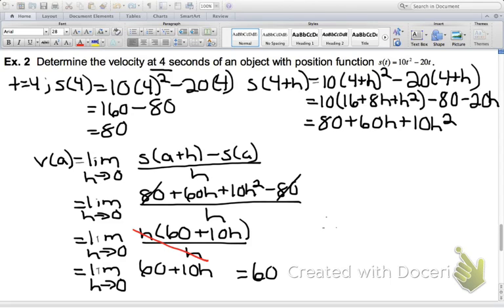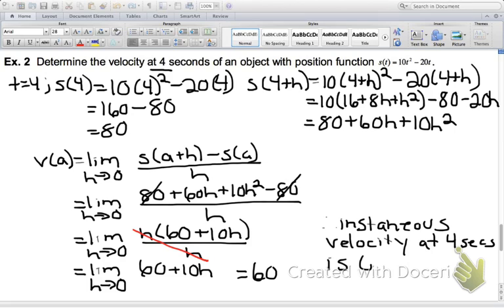So always finish with a therefore statement. So therefore the instantaneous velocity at 4 seconds is 60 meters per second.